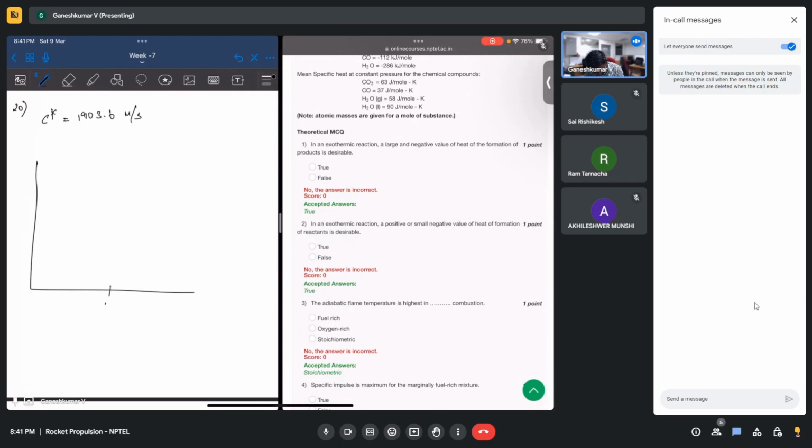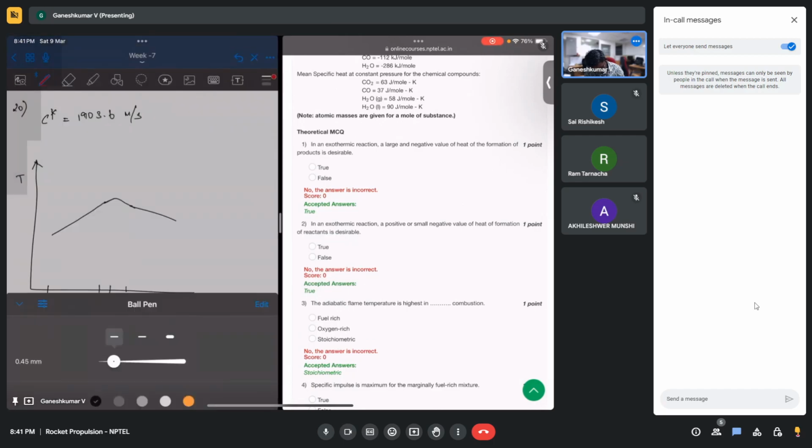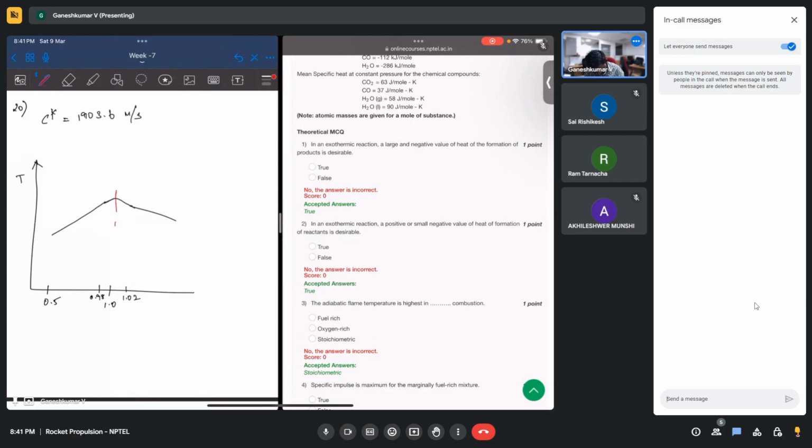Let's say this is the equivalence ratio of 1, this is 0.5, and this is the temperature. This is 0.98 and this is 1.02. There is a possibility that it might be a little higher in off-stoichiometric conditions, but all these things are going to be near the stoichiometric condition, off by 0.98 or 1.02.